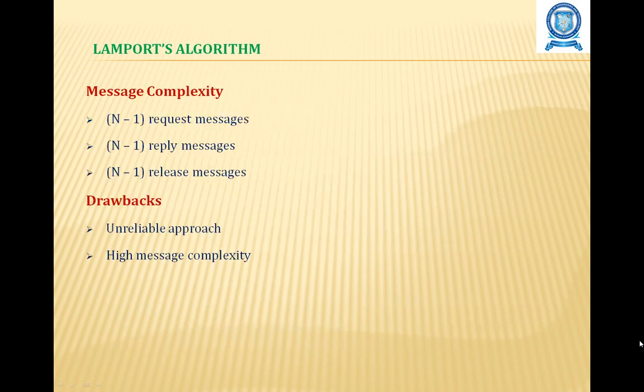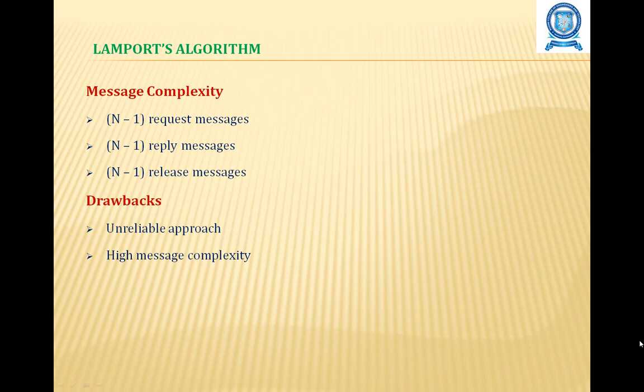Next, we see the message complexity of this algorithm. Lamport's algorithm requires 3(n-1) messages per critical section execution. These 3(n-1) messages include n-1 request messages, n-1 reply messages and n-1 release messages. The drawbacks of this algorithm are that it is unreliable and has high message complexity.